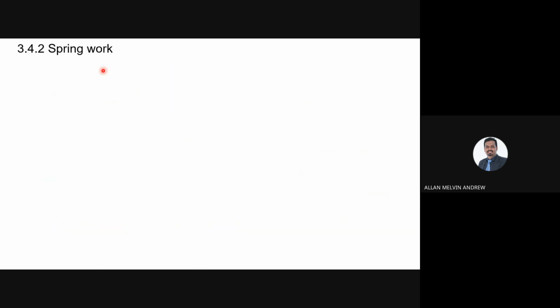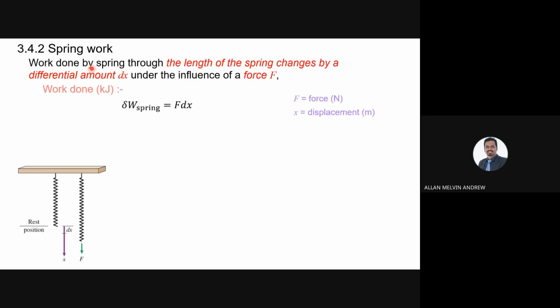Then we have another thing called a spring. Normally we will use a spring, and a spring has its own mechanism. So how is the work done by the spring? Work done by a spring occurs when the length of the spring changes by a differential amount dx under the influence of a force. Normally the spring will be at its rest position with no force applied.